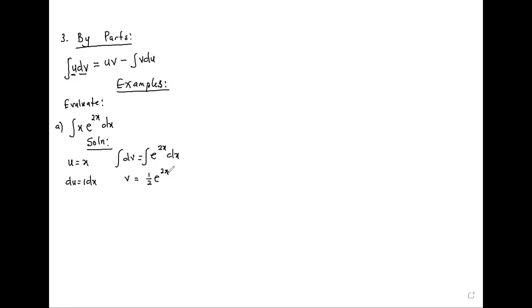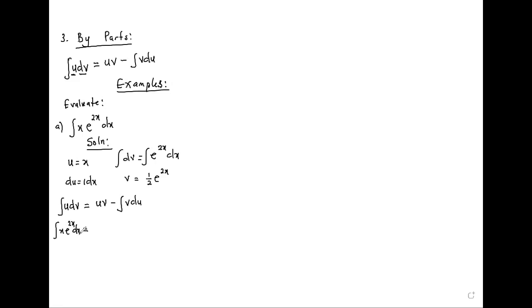And then fit them in the formula. So I'm saying the formula is, if I had u dv, my integral is going to be uv minus v du. So we had x e to x dx.